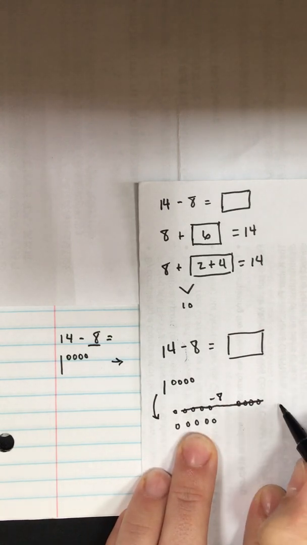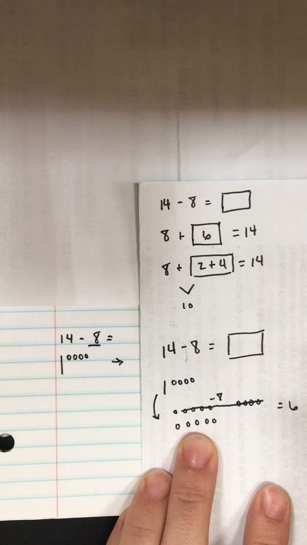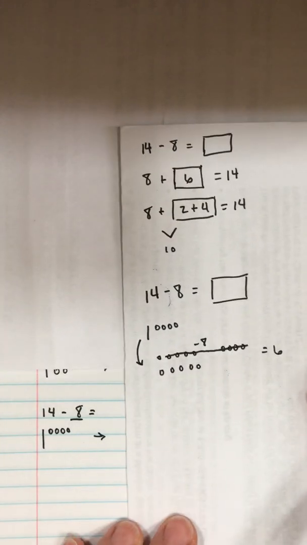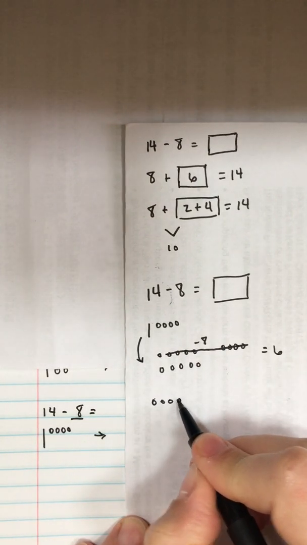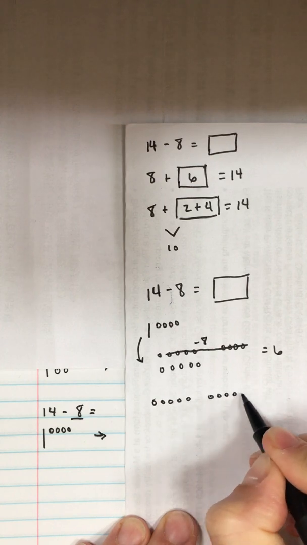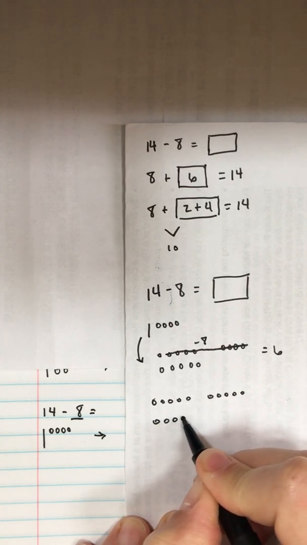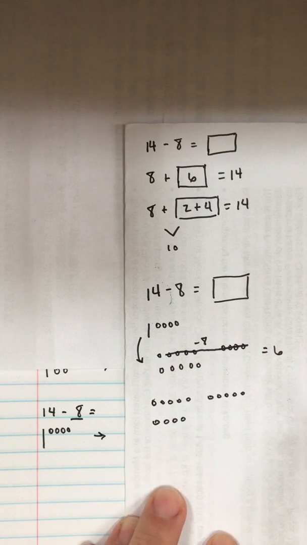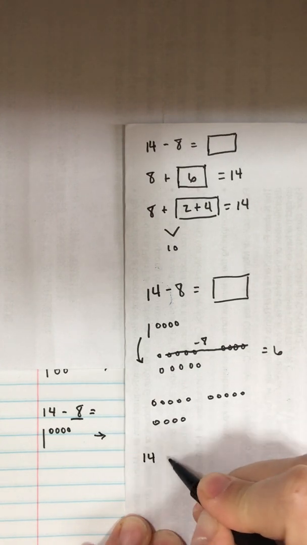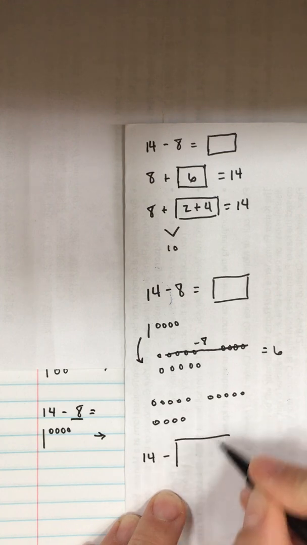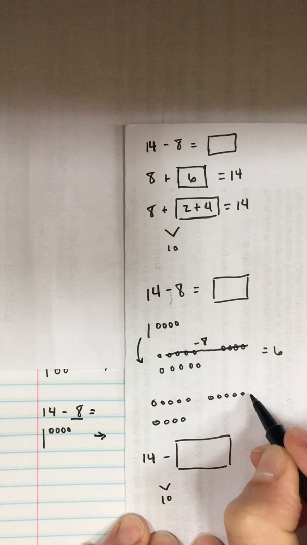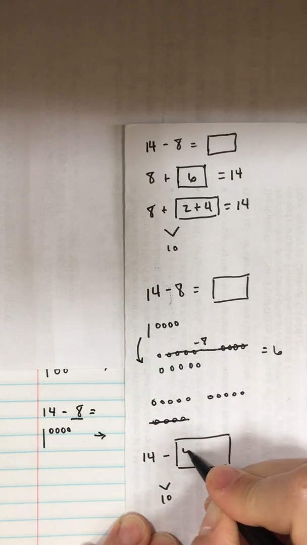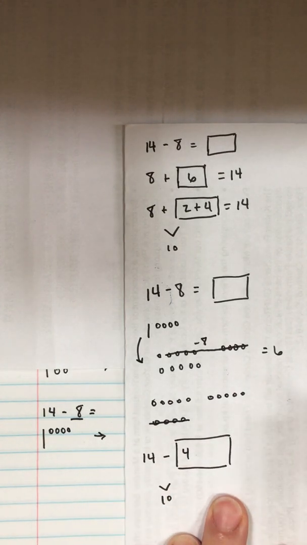Now I can see what's left, which is 6. Now if we're doing this in two parts, trying to make a 10, we have the same 14, but we're trying to subtract to get 10 in part 1. So we're doing 14 minus what equals 10? Well, 14 minus 4 equals 10, right?